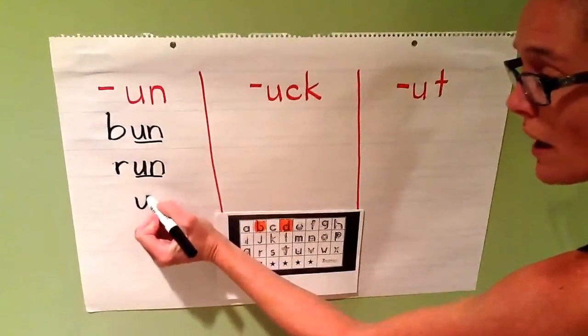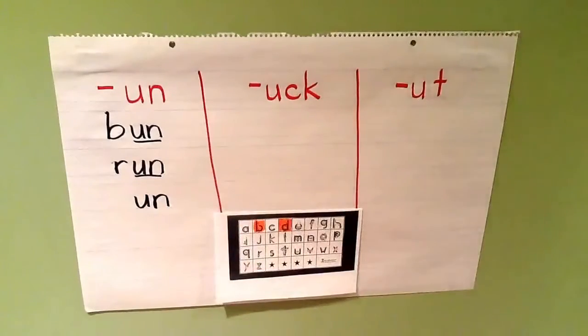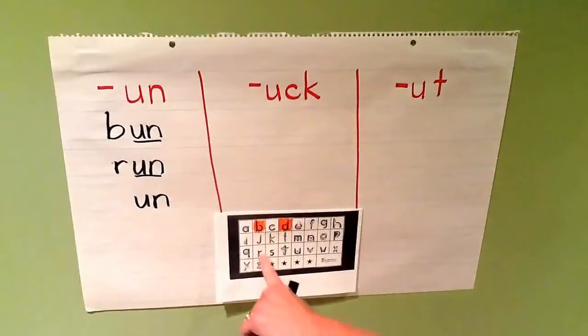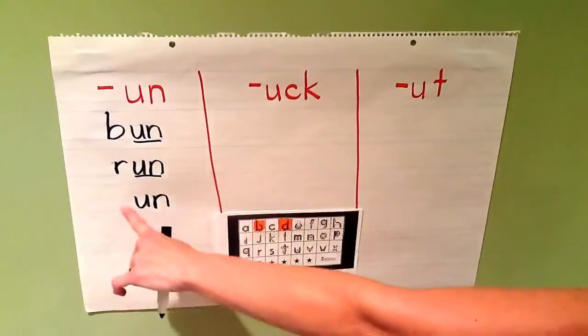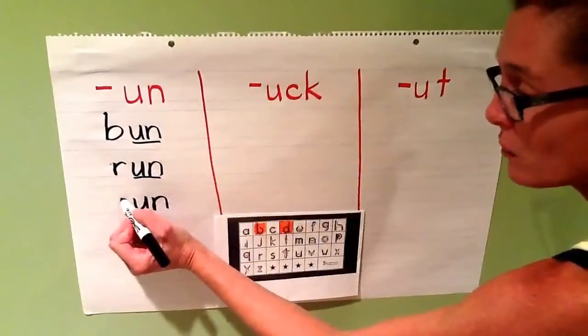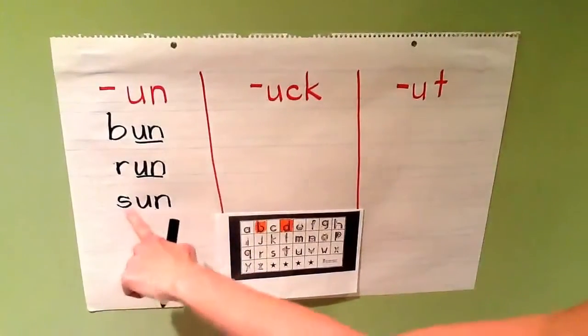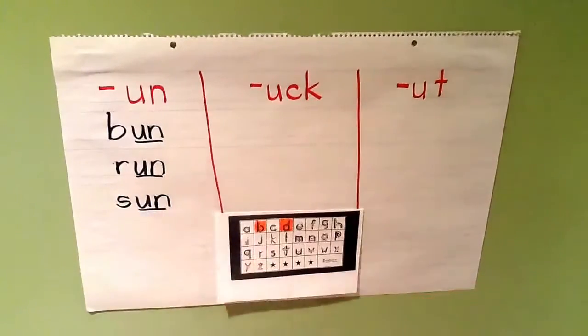Let's do one more. So again, I'm going to write the un because that is the word family that I am working on. I saw another letter right next to the R, the S. We know what that word would be, right? Sun. I'm going to write the letter S here, and you can see that sun has the un word family.